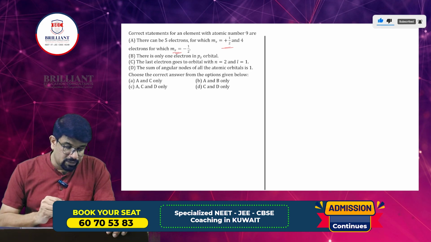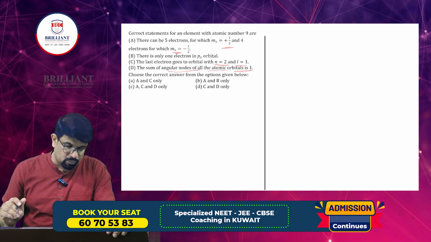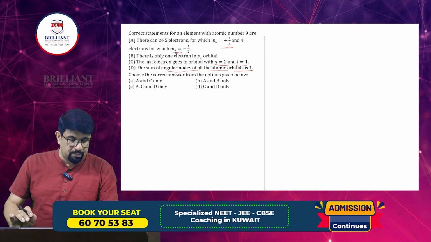B, there is only 1 electron in the pz orbital. C, the last electron goes to the orbital with n = 2 and l = 1. D, the sum of angular nodes of all the atomic orbitals is 1. Choose the correct answer from the options given below.